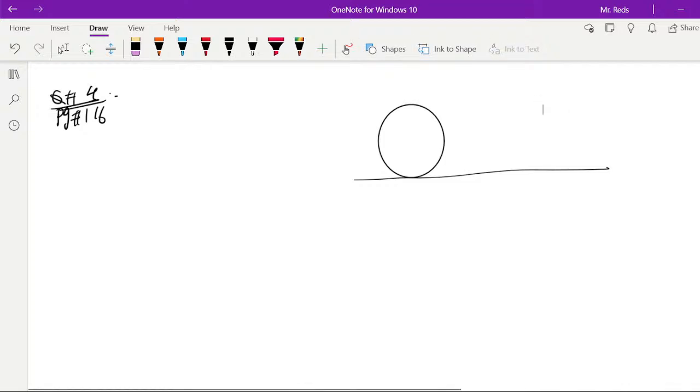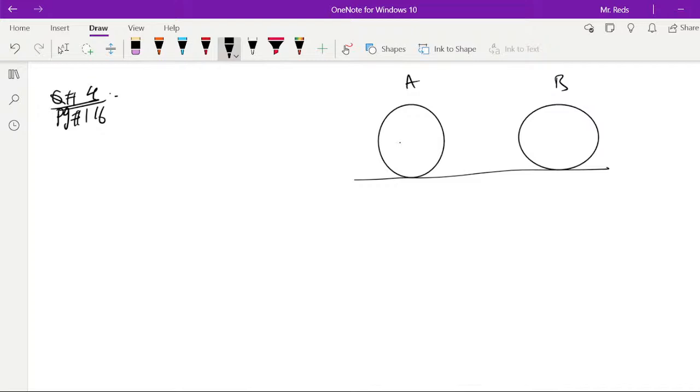So there are two rings, marked as A and B. This is A, this is B, and they are identical. Identical means same radius and made of the same material. Everything will be the same. That is the meaning of identical.